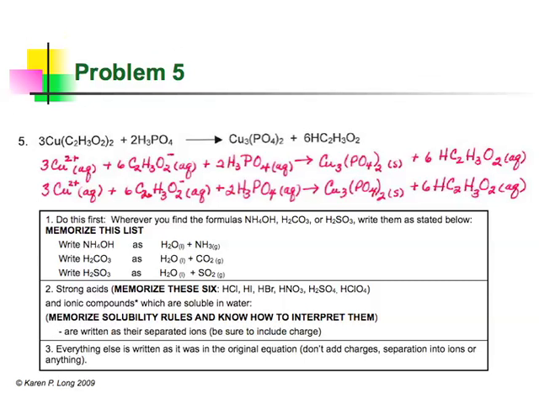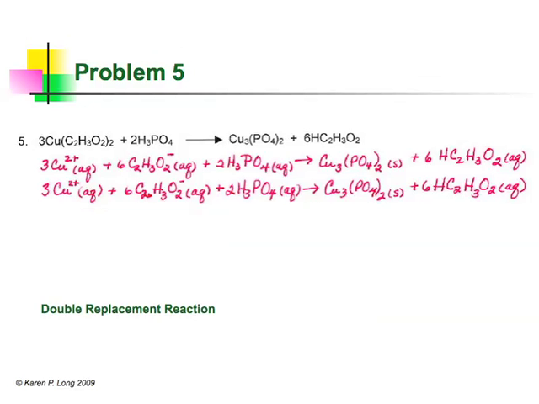We look for something to cancel on both sides of the equation so that we can write our net ionic equation. There isn't anything. Everything is different. So the net ionic equation in this case happens to be identical to the equation that was given for the complete ionic equation. This one is a double replacement reaction also.